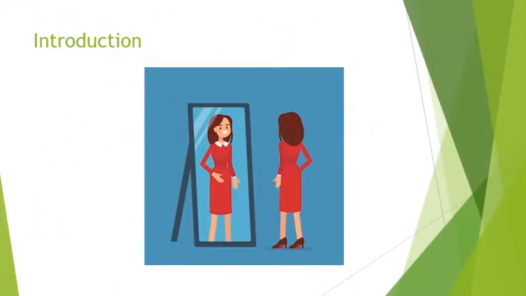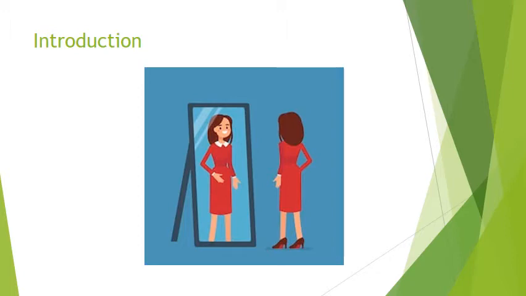Yes. So children, what do you see? A picture where a girl is standing in front of a mirror. What do you observe? You can see her own image in the mirror. You can practice this at home.